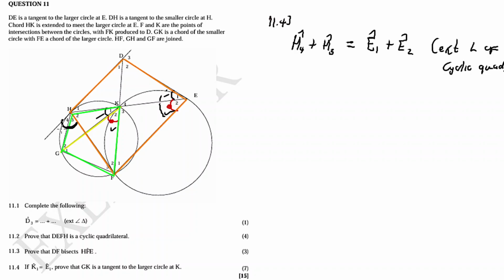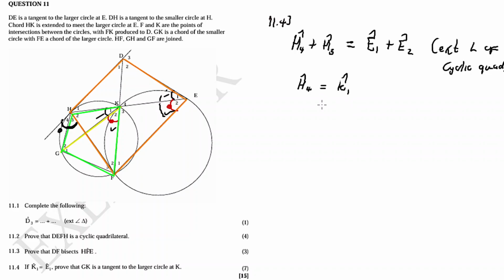So H4 is equal to K1, by the tan-chord theorem and the triangle.